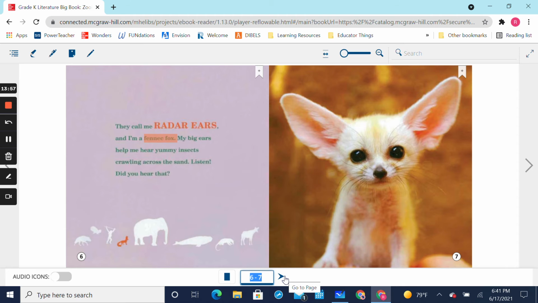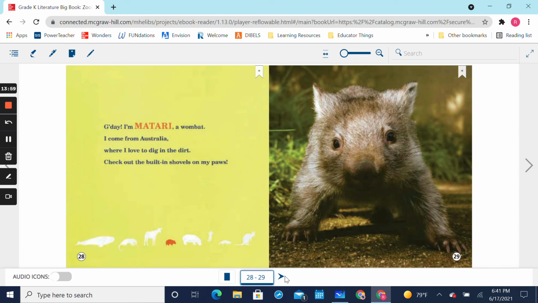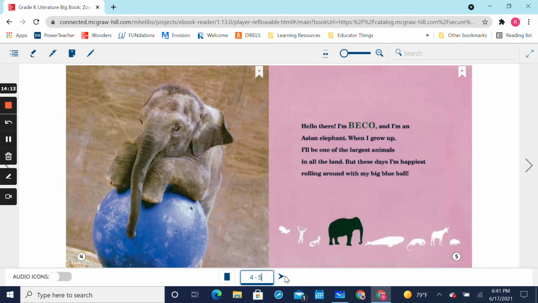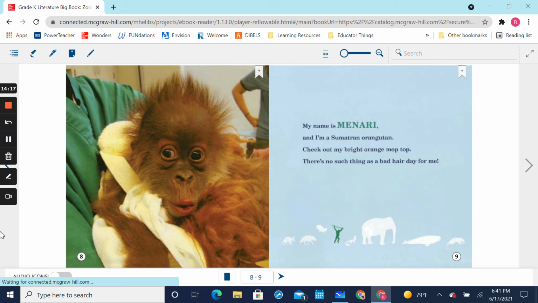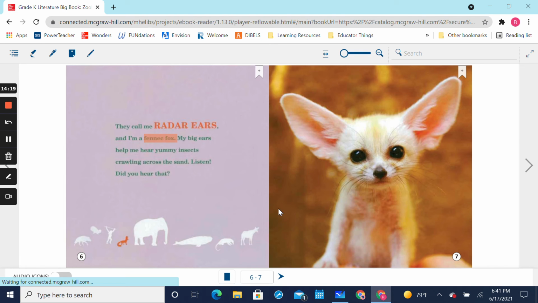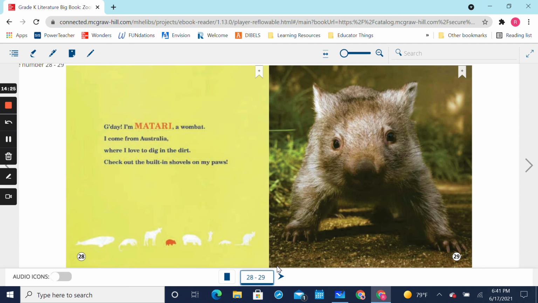So here we have the fennec fox, and here we have the wombat. What is the same between the wombat and the fennec fox? Here we have our fennec fox, and here we have our wombat.